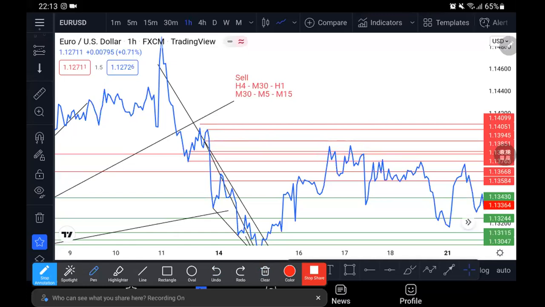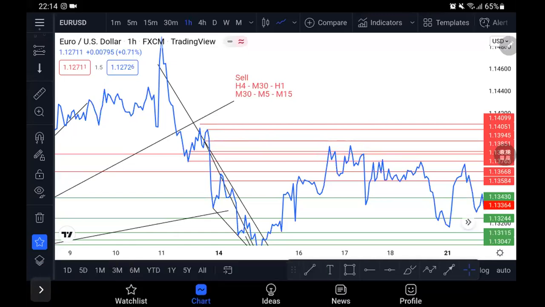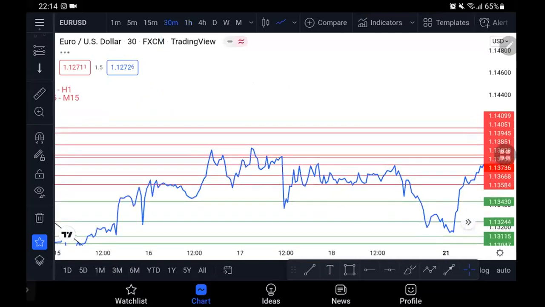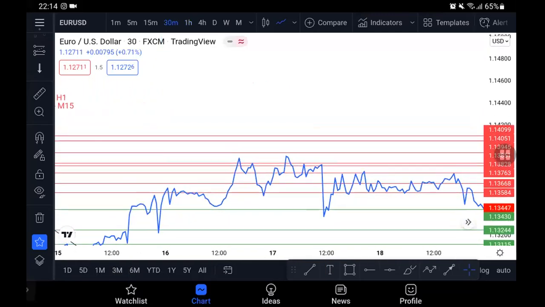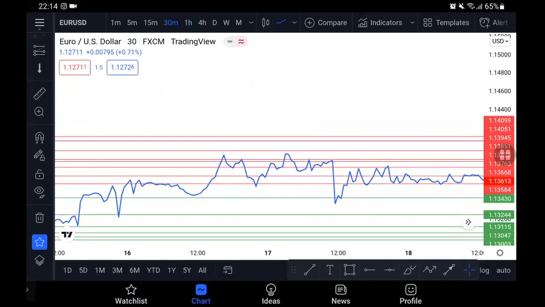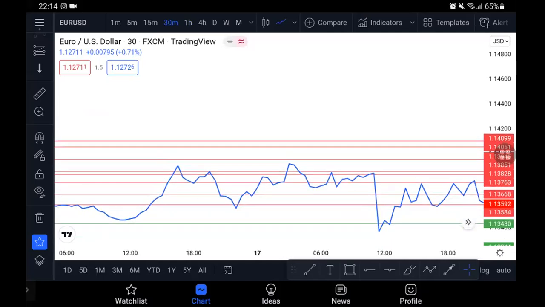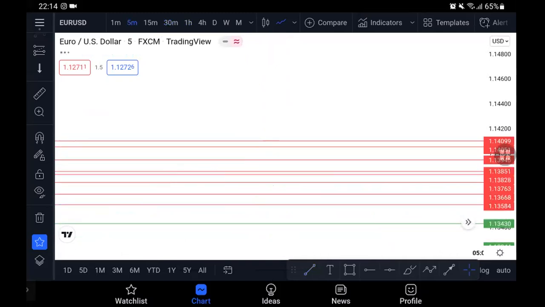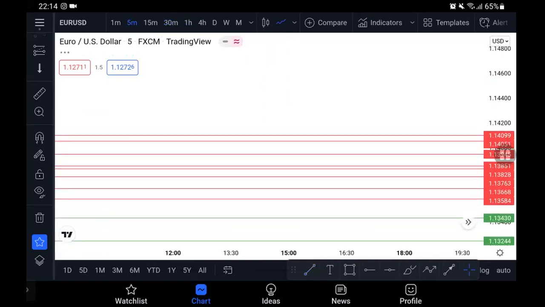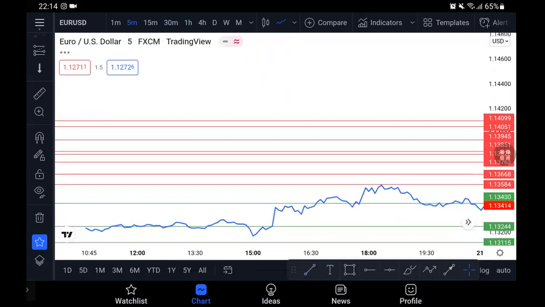So we're gonna drop down to entry and look. It can be between M30 or M5. So we put at M30 first, and look for M5, just using the time frame order.